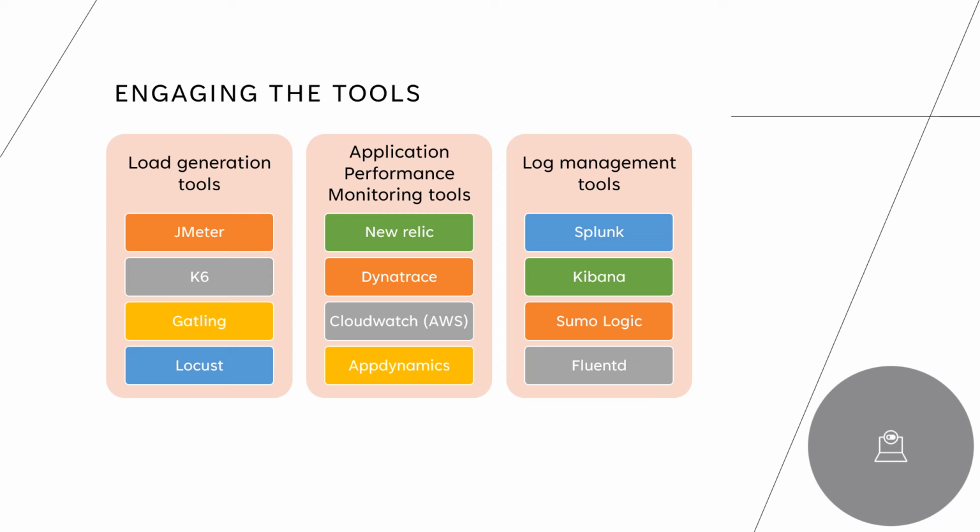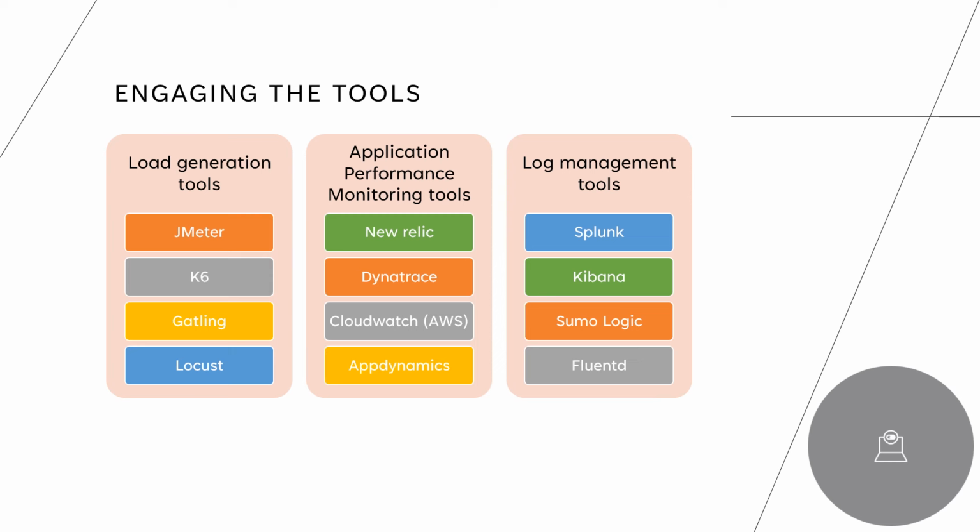Log management tools also will be set up by infrastructure or the other performance engineering team members. Performance testers might have a limited role in setting up these tools. Splunk is one of the tools which I have used. One of the advantages is that you can search and get what is happening.